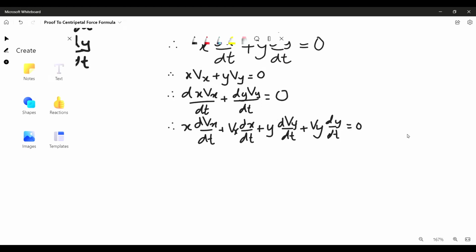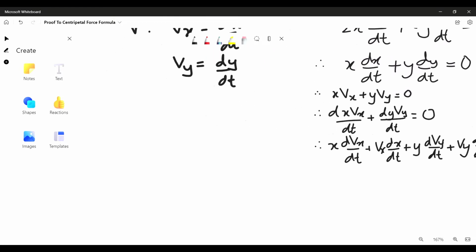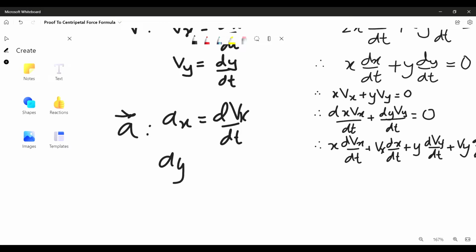Now, just like velocity, acceleration too is a vector, such that ax is equal to dVx over dt, which is the second derivative of displacement with respect to time, and ay is equal to dVy over dt.